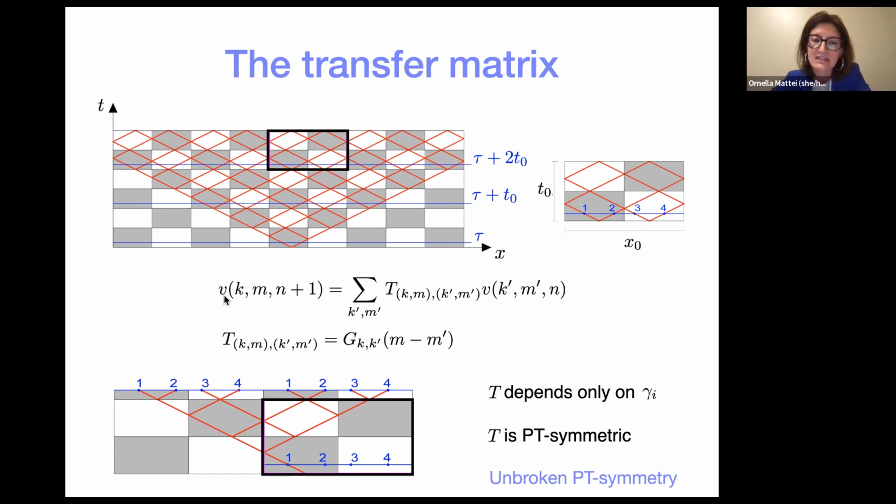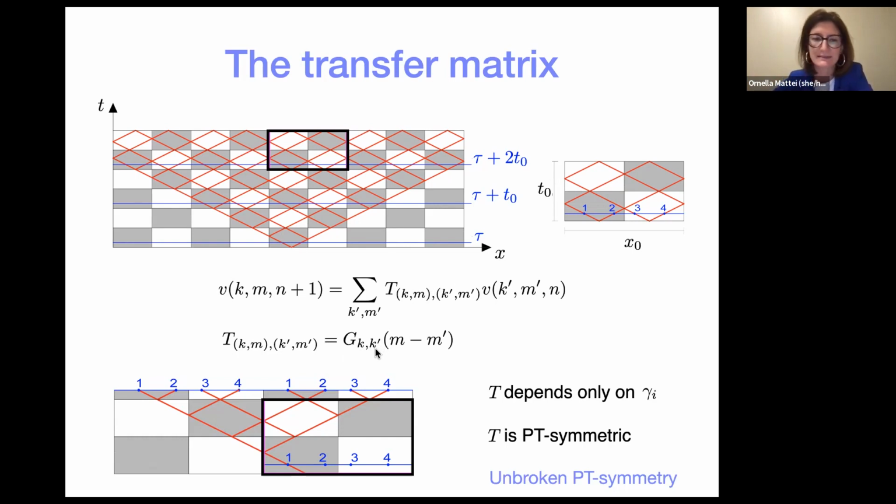Here you see that the solution at the point K in the unit cell M at the moment of time n+1 is related to the solution at point K prime in the unit cell M prime at the previous time step n, through this transfer matrix, where the entries of the transfer matrix are found by computing some Green's functions.